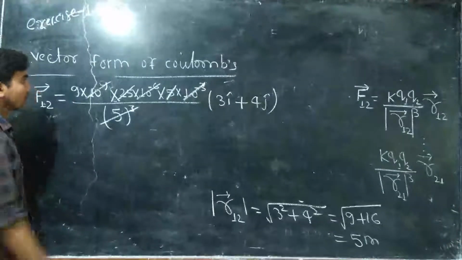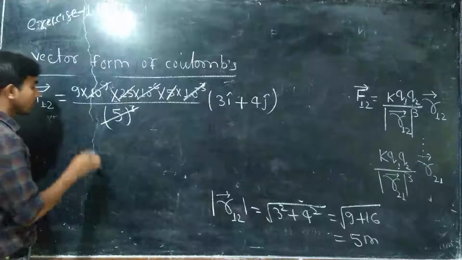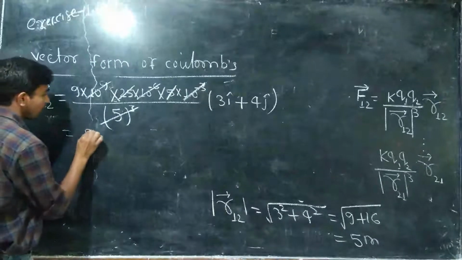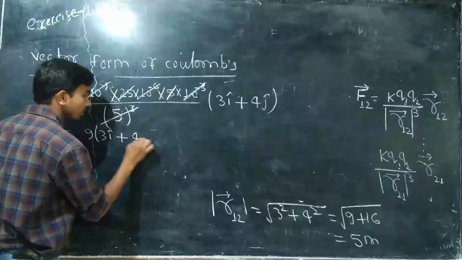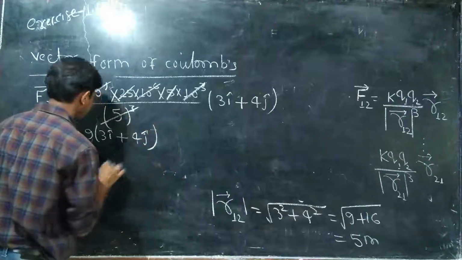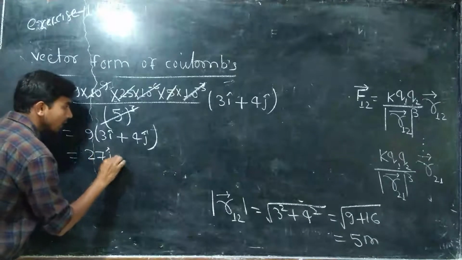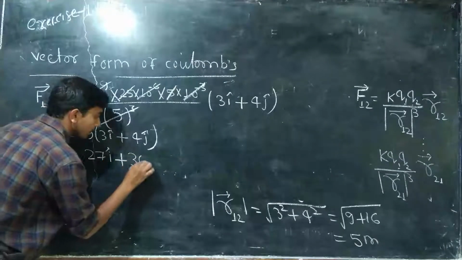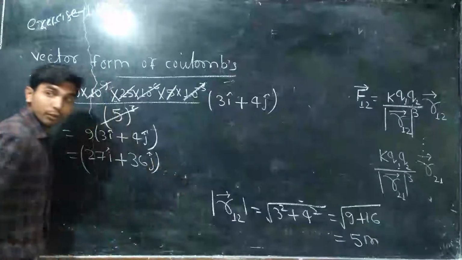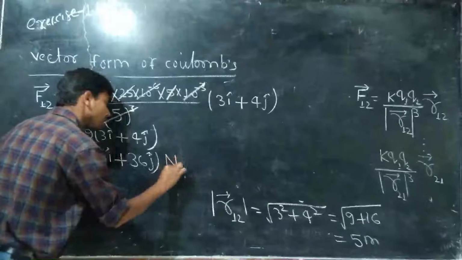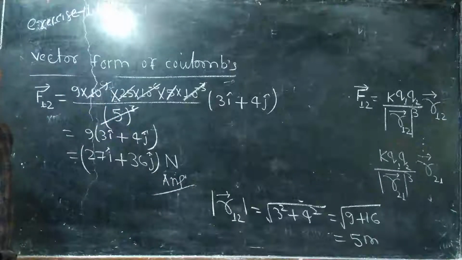What value do we have? 9 into this quantity, so 9 into (3i plus 4j), and further we can write it as 27i plus 36j. And this is force, so the unit will be Newton. So this is the answer of this question, right?